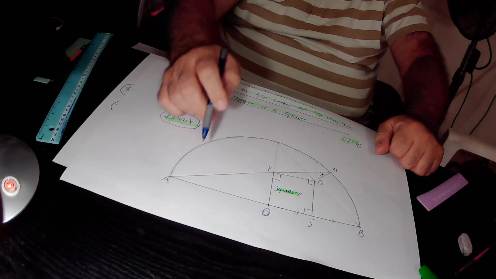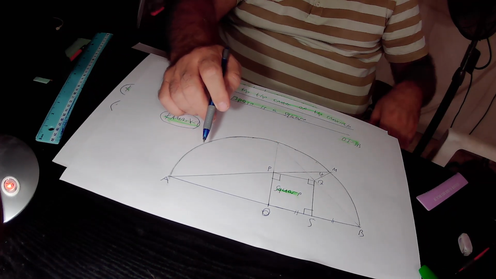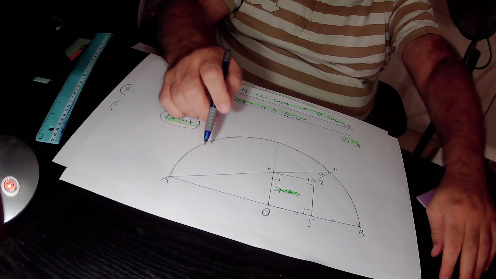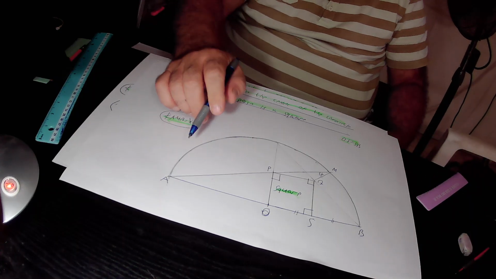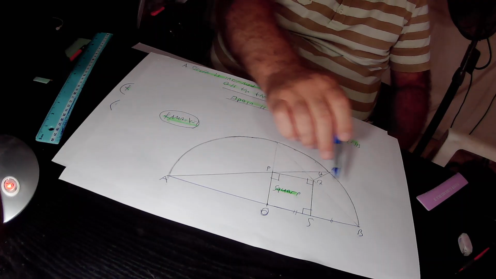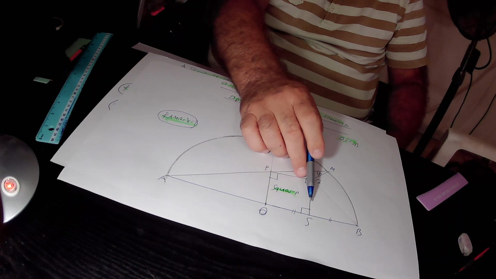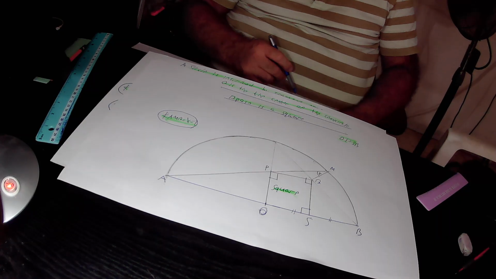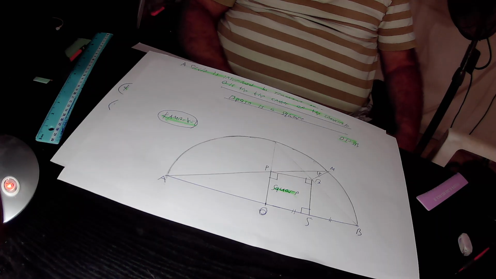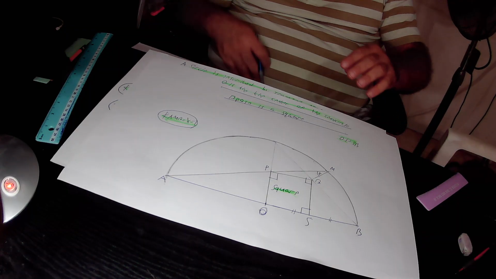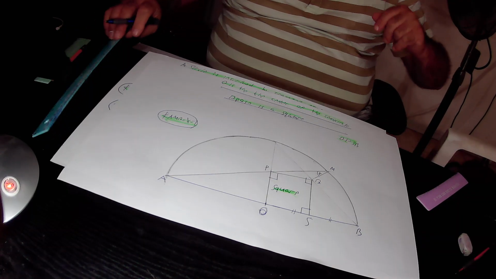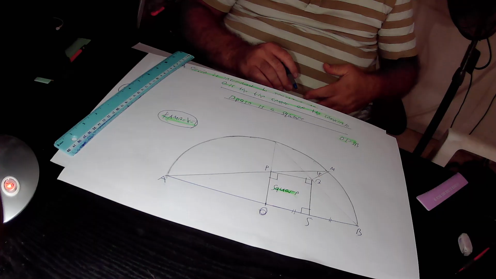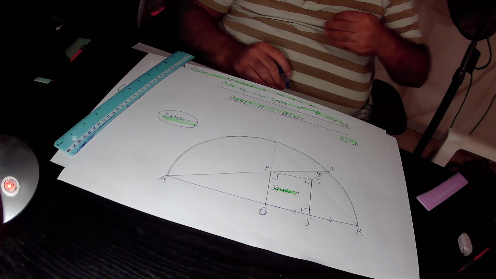AB is the diameter of this semicircle, so it is absolutely a straight line. If you focus on the upper side of the straight line AB at this point S, the sum of the angles must be equal to 180 degrees according to rule 3. Rule 3 states that the sum of the angles on one side of a straight line is equal to 180 degrees.